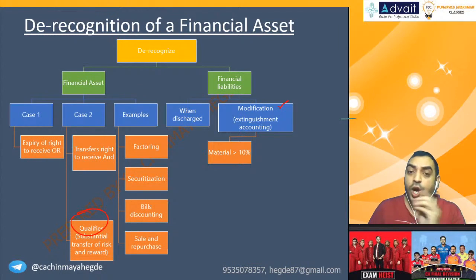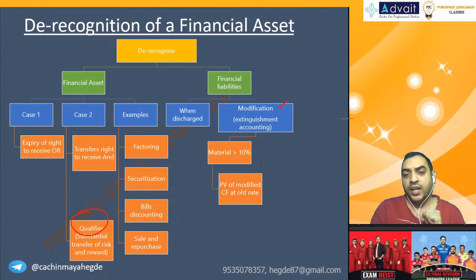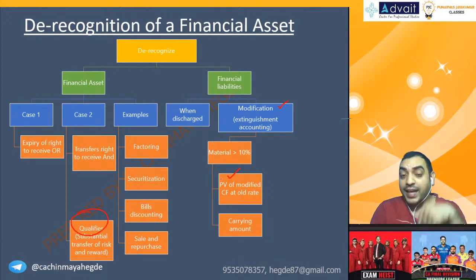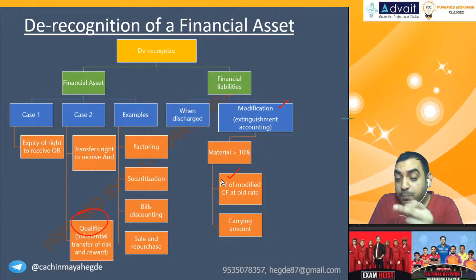Now the question comes, how do you compute this percentage, so that we can compare whether it is more than 10 or less than 10? The computation is the present value of modified cash flows at the old rate, compared with the carrying amount. You have a book value, the amortized cost. That part you compare with the new, modified cash flow, but the discounting rate should be the old rate.